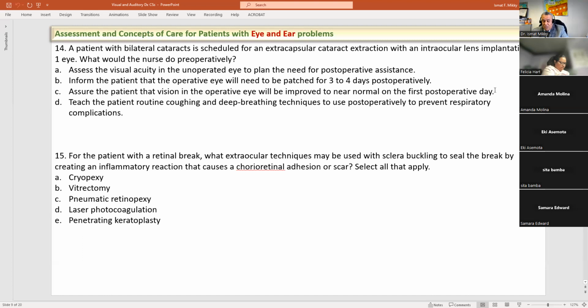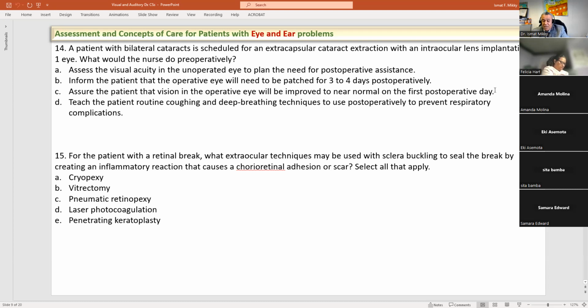Number 15, the answer is A and D, cryopexy and penetrating keratoplasty. So cryopexy is the freezing of the retinal leaks or breaks in the retina.